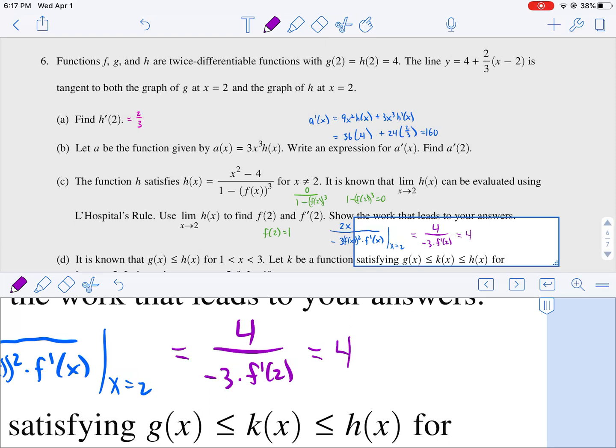So if we set this equal to 4 and then solve for f prime of 2, you can do a little bit of algebra and get f prime of 2 is equal to negative 1/3.